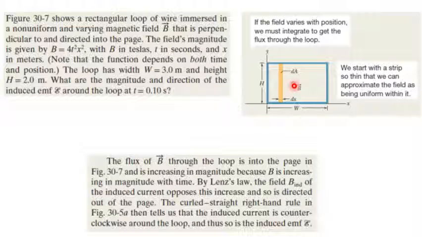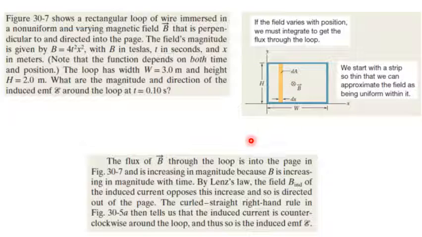So the induced EMF will produce an induced current and magnetic field which opposes the increase of the magnetic field into the page. So the induced magnetic field would be out of the page.